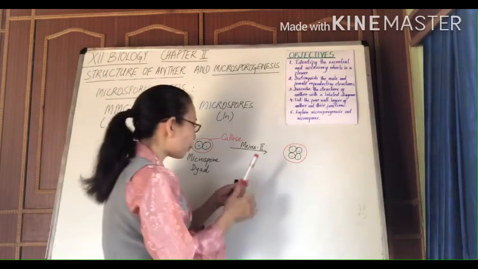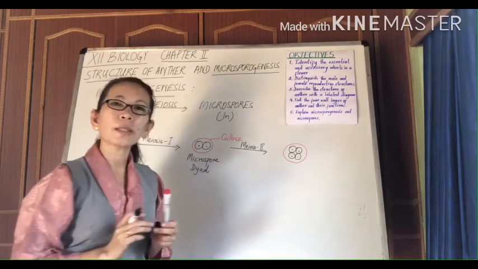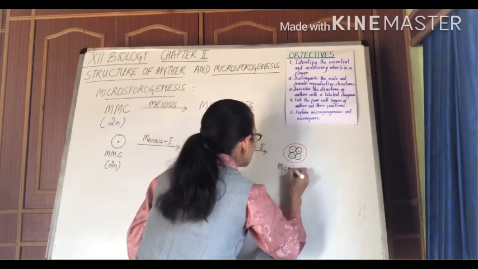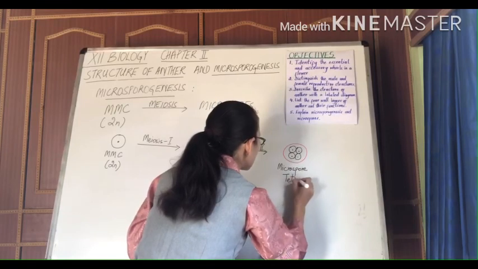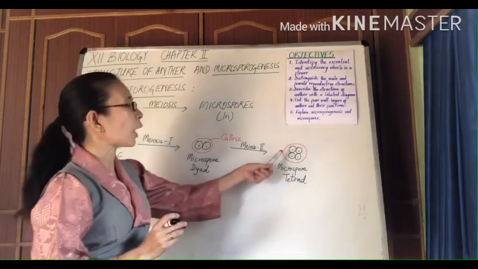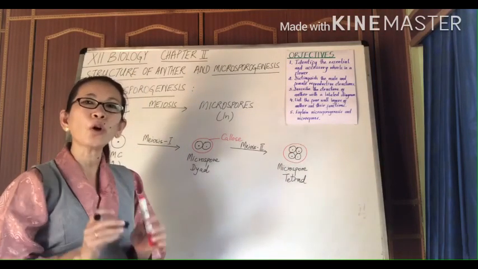And because of which such daughter cells are collectively known as microspore tetrad. So tetra refers to 4, right?